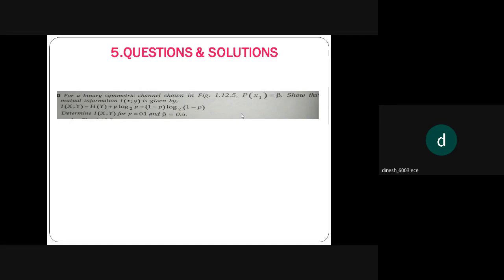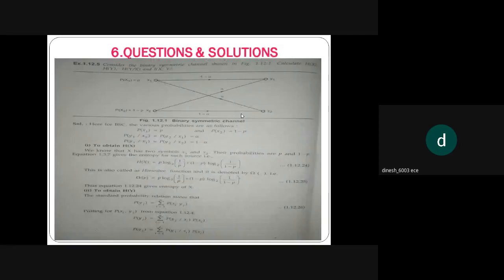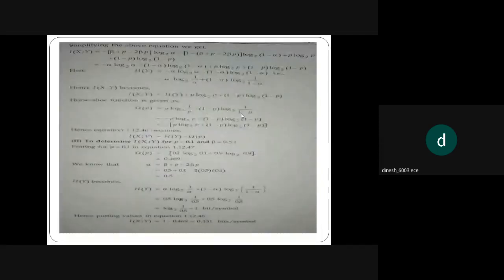So I'll give you 2 or 3 minutes time for this binary symmetric channel. You can go through. Any doubts you can put in the chat box.